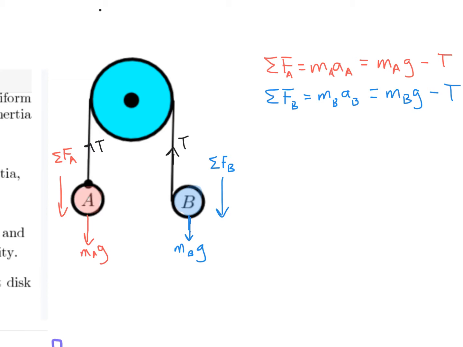The net force on mass B is also going down. The force pulling it down is gravity acting on mass B, its weight. And then again, there's the force of tension pulling up on the line here.